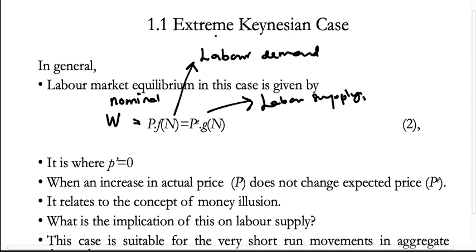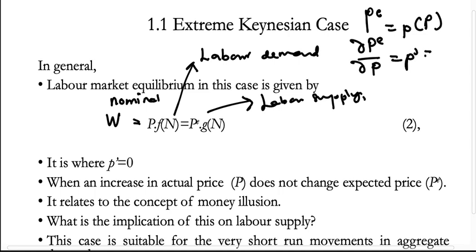Now let's say we have the extreme Keynesian case. It is basically where P prime, small letter p prime, is actually 0. Recall back, expected price is a function of actual price. So when you differentiate it with respect to capital P, which is equivalent to small letter p prime, it is equivalent to 0. What does it mean?